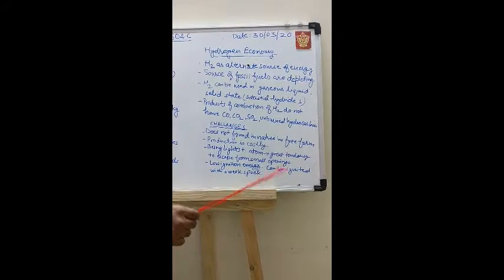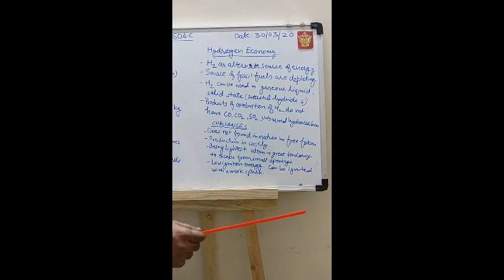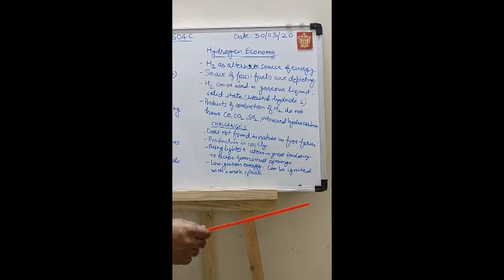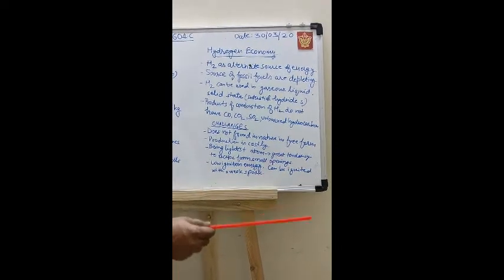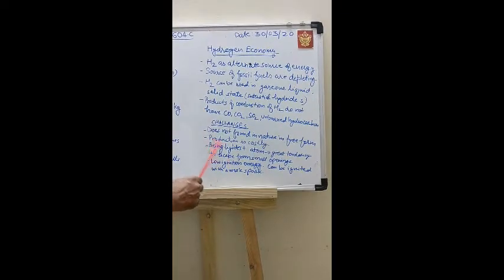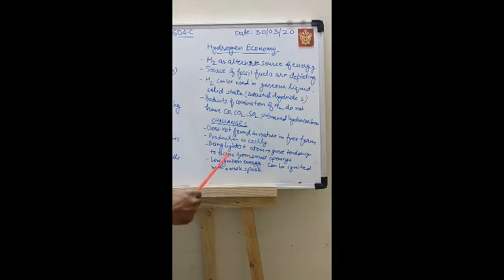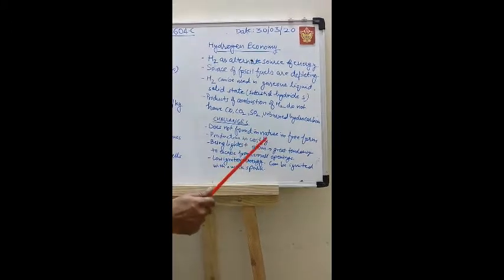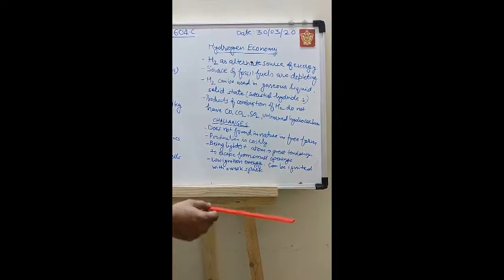So the problem lies in separation of hydrogen from water, and if it is possible or economically viable, then it is going to prove the largest source of energy. Production of hydrogen from water is very costly. The only available process for releasing hydrogen from water is electrolysis.